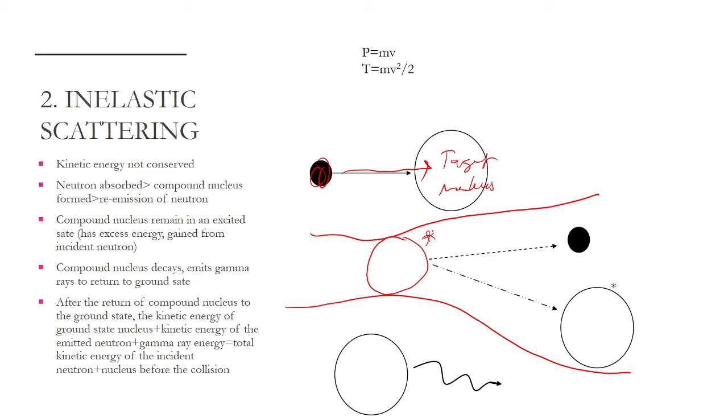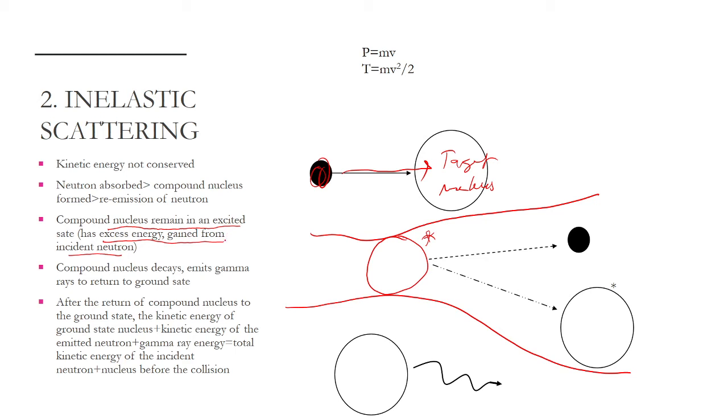After a moment, this compound nucleus wants to return to the ground state. Immediately after it absorbs the neutron, it is in an excited state, so it has excess energy. So it wants to return to the ground state.